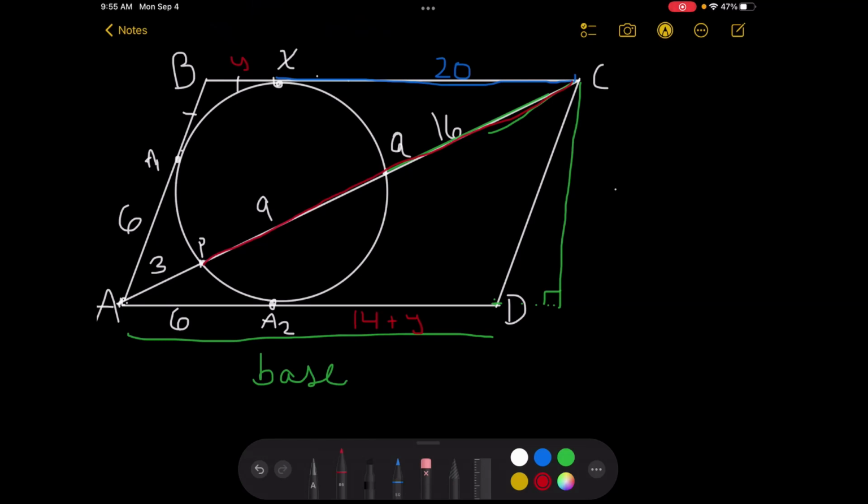Now, are there any useful lengths that we could draw that might help us determine the height of this parallelogram? Well, first off, we know this is also y. Let's just start labeling lengths as much as we can to see where we can go. So side AB is 6 plus y, so side CD also has to be 6 plus y, right?